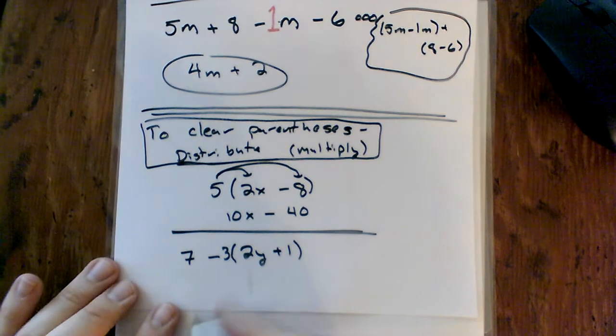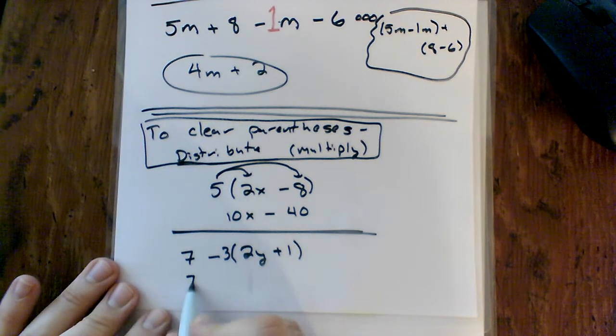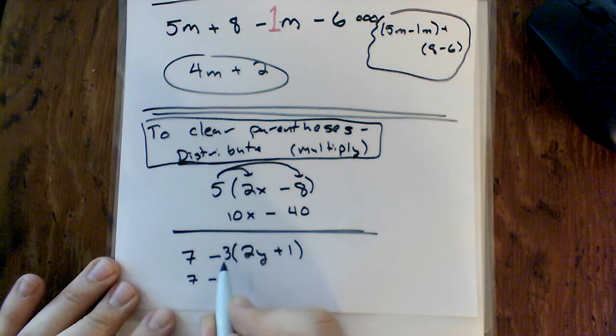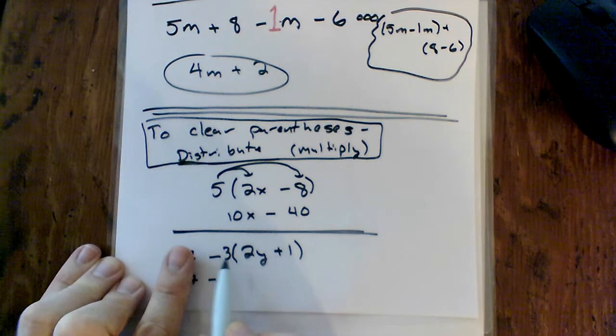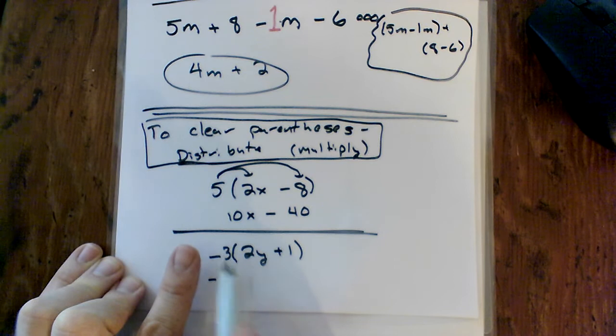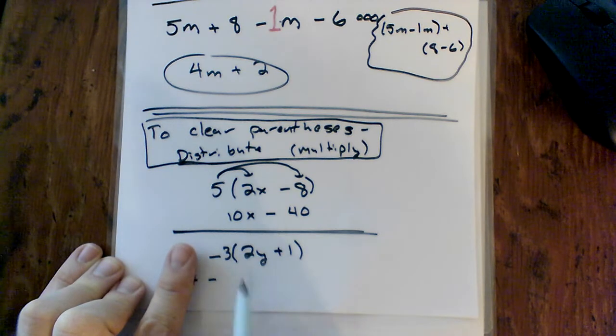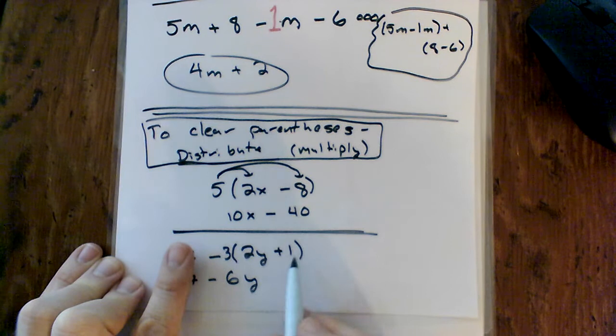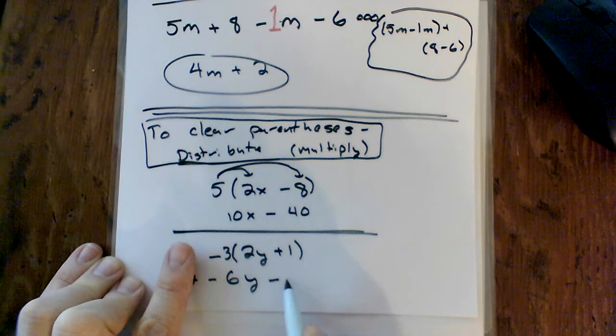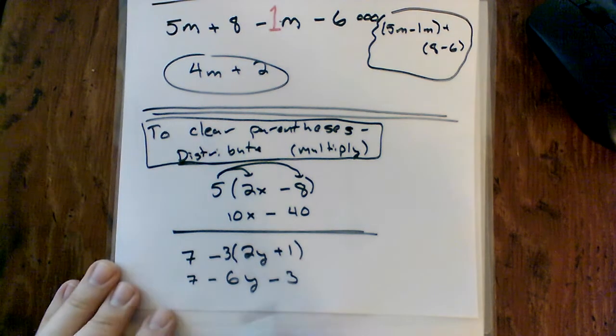Now, when I distribute this here, this is going to be 7 minus, I'm thinking when I distribute this, this is essentially a negative 3 that I'm multiplying through. Negative 3 times 2y is going to be negative 6y. Negative 3 times 1 is going to be negative 3, or just a minus 3 here.